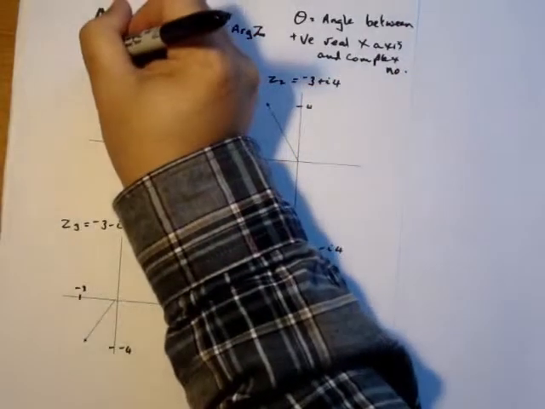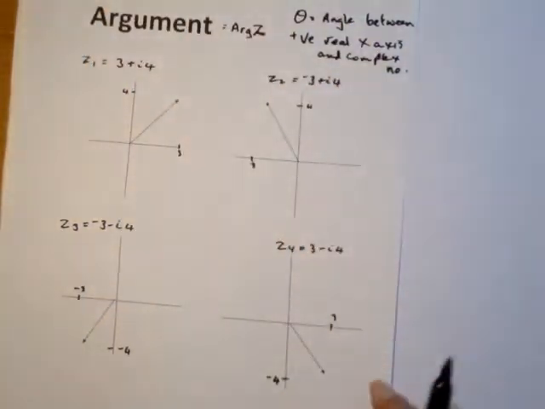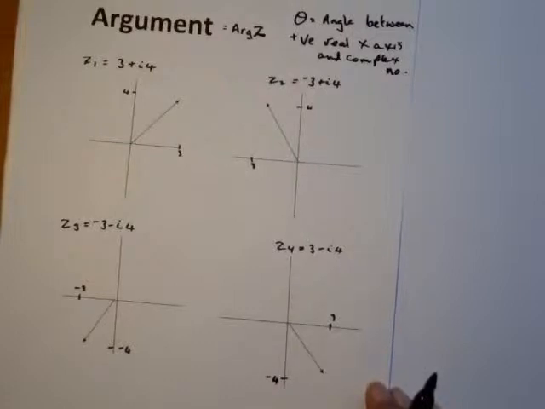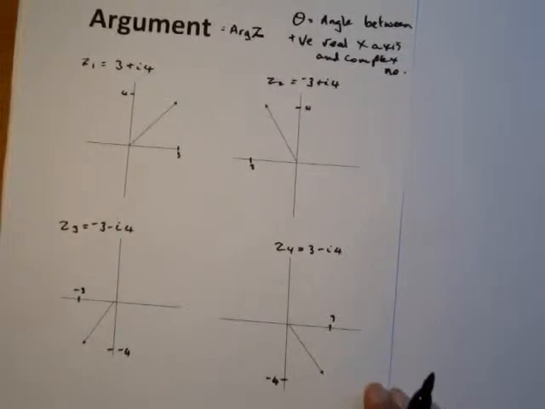In actual fact, theta has more values, which differ from each other by 2 pi. So if we have 2 pi k, where k is 1, 2, 3, or minus 1, 2, 3, then when we multiply those by 2 pi, those can be all values of theta.